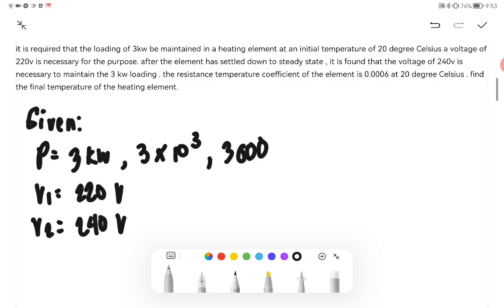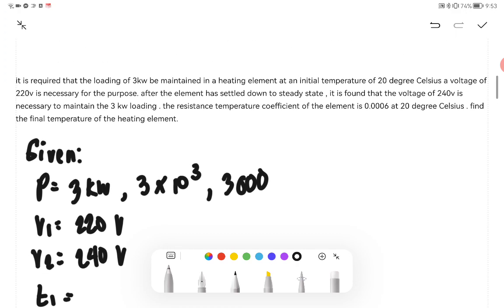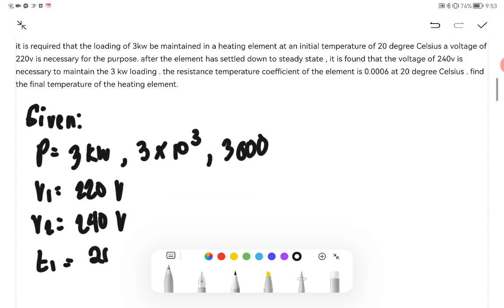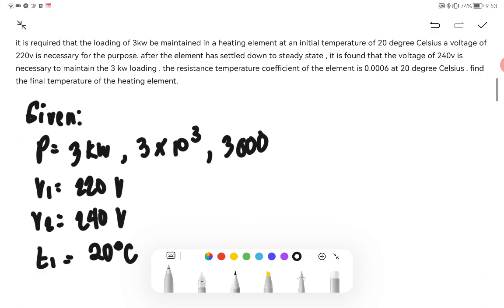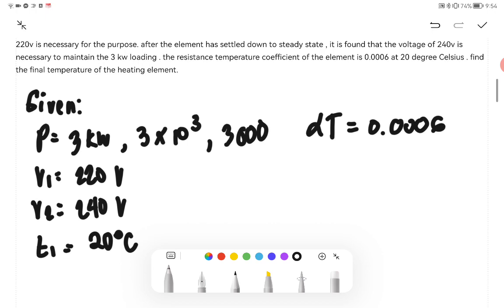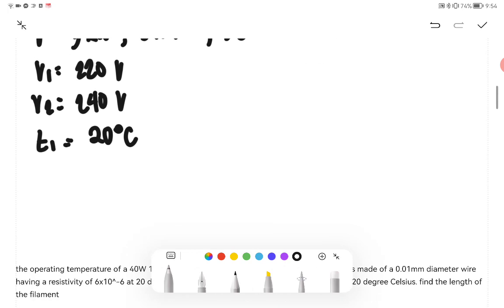We have the initial temperature, which is temperature 1, which is 20 degrees Celsius. Also, we are given the temperature coefficient, which is 0.1236. So we are asked to find the T2 or the final temperature.